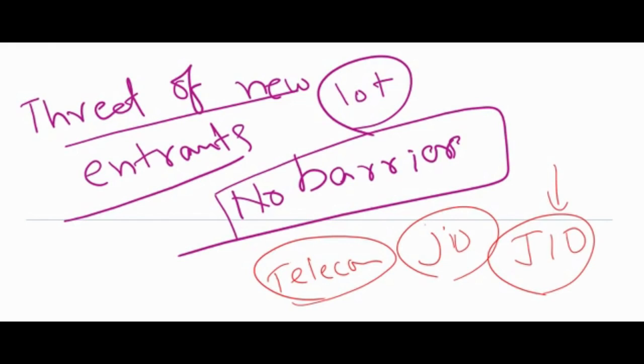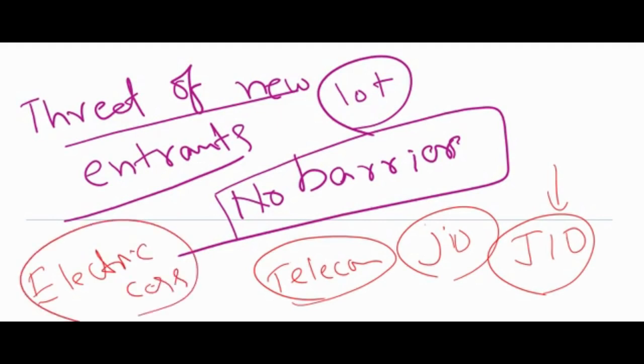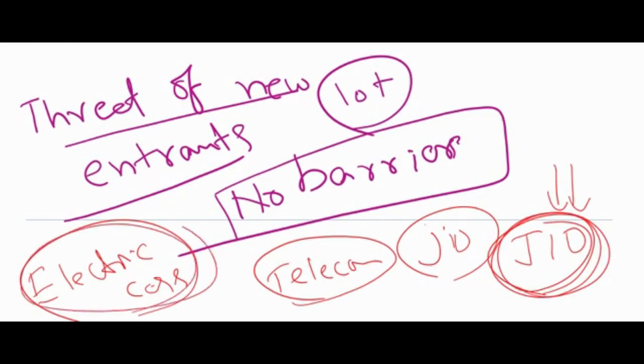Let me take another example, electric cars. Now all car manufacturing units have started manufacturing electric cars. So there is no other alternate. With the threat of new entrants, sometimes you may need to give more discounts to retain the customers, or you may need to start manufacturing those kinds of products.